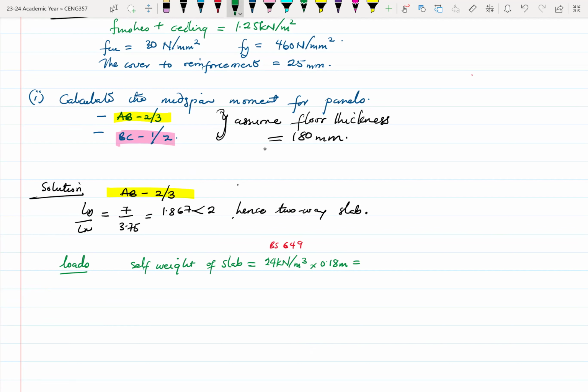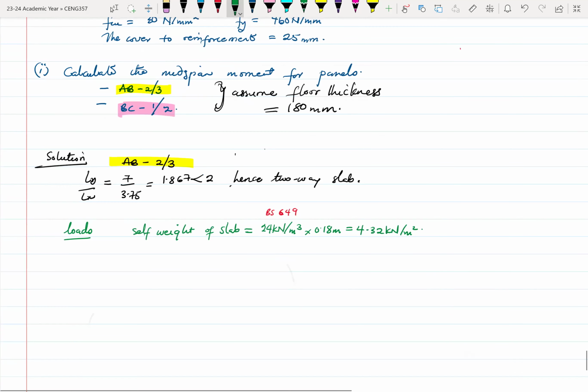So when you do these calculations, 24 times 0.18 gives us 4.32 kilonewtons per meter squared.